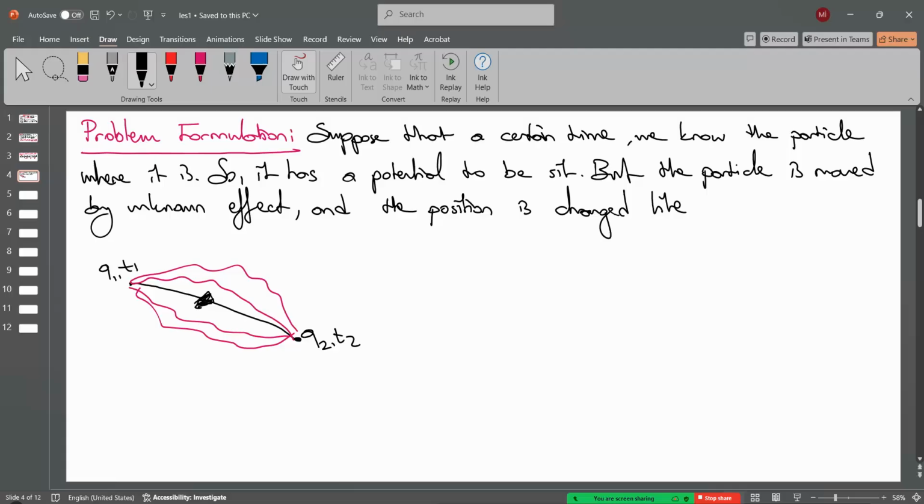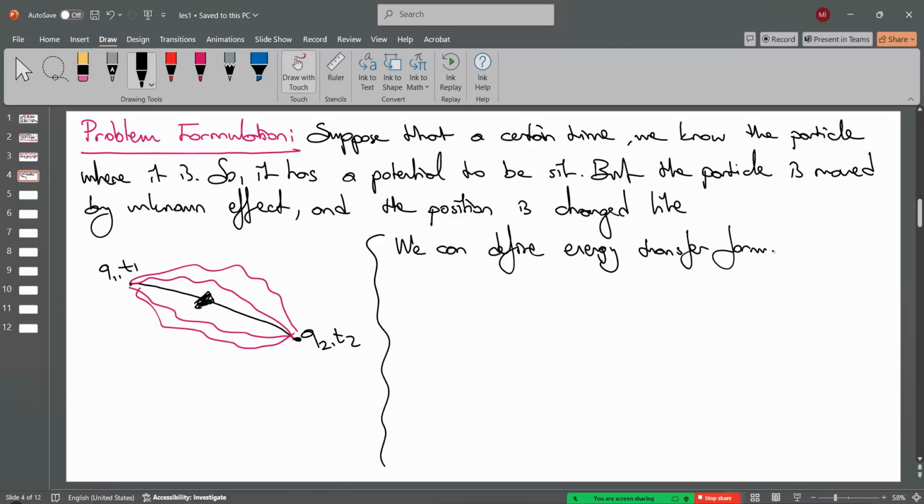In order to understand that, we need to define these formulations here. We can define the energy transfer formula like this one.